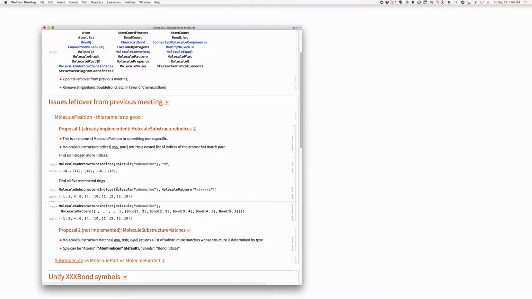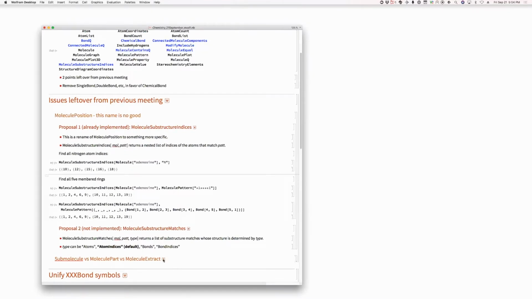Okay. So this is returning. Why don't you call this molecule substructure positions? Or are they indices? What are those things? Okay, how do I get back out?